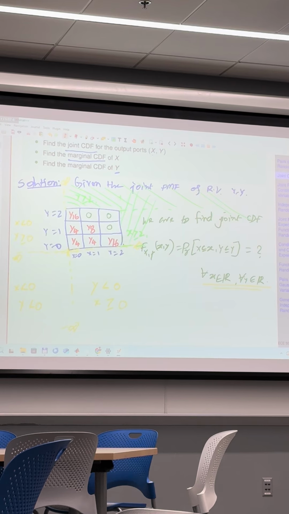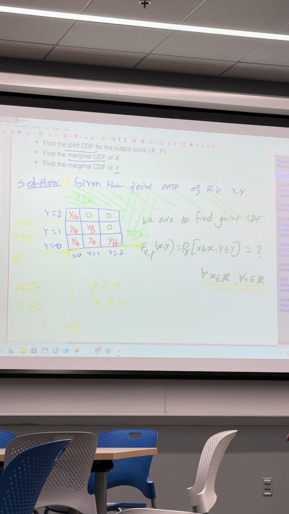Math is not hard at all. You just have to understand. You tell me what is the joint CDF right here. Can any event happen when the number of packets arrived in output port 1 is negative?